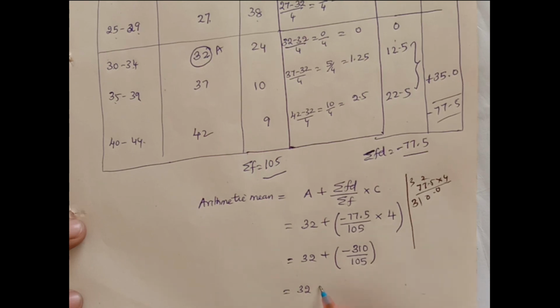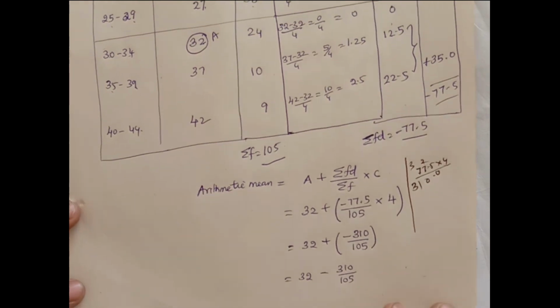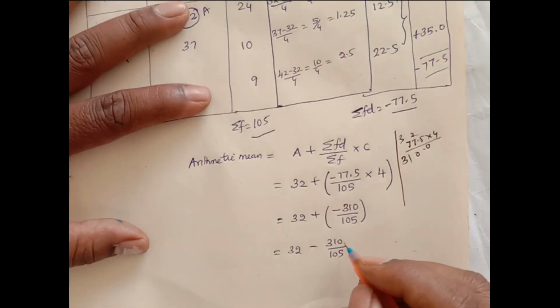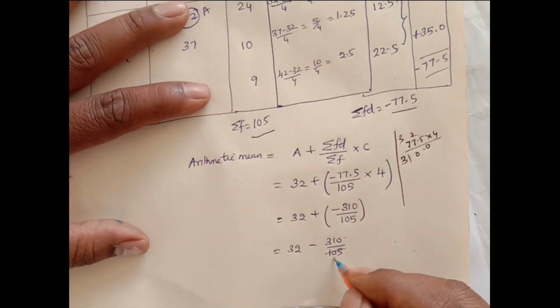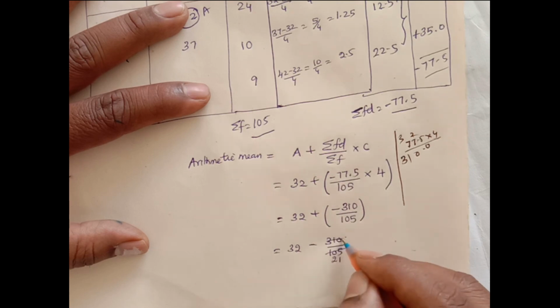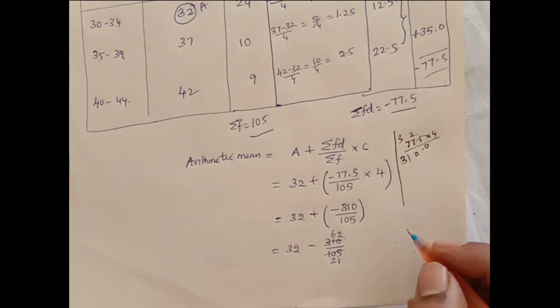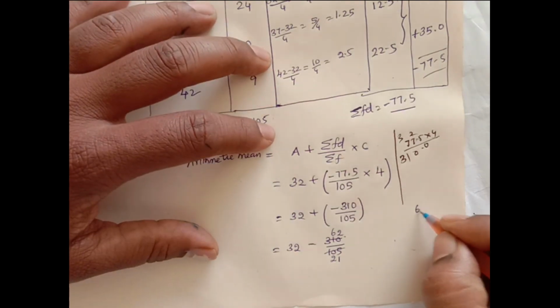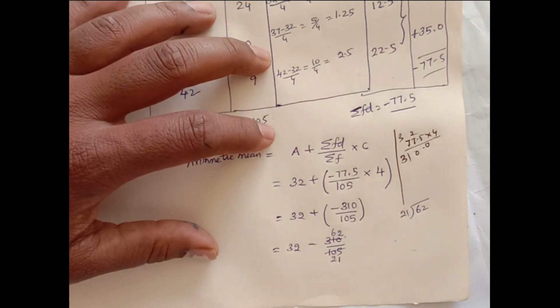It's clear, children? Now 5 tables, 5 2s are 10, 5 1s are 5, 5 6s are 30, carry 1, 2, right? Now 62 divided by, that is 21.